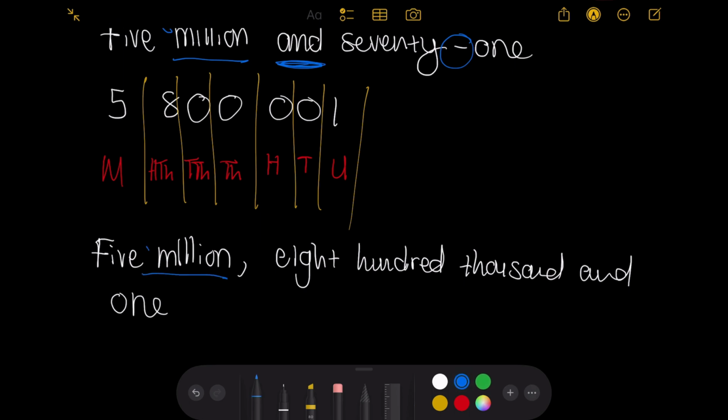I know the 5 is in the millions column. I know 8 is a part of the hundreds of thousands column. These are both 0. They are placeholders, so I can just write out 800,000 as I would. But then as I transition from thousands to hundreds, I see that both values are 0. Therefore, I use an and, and then of course I reflect that this one is here.